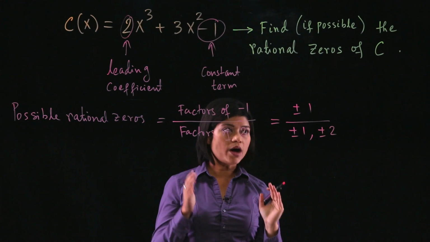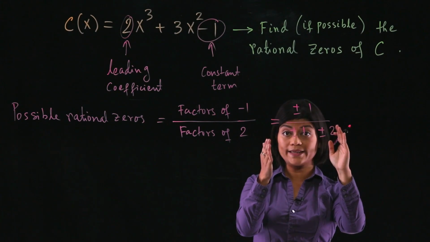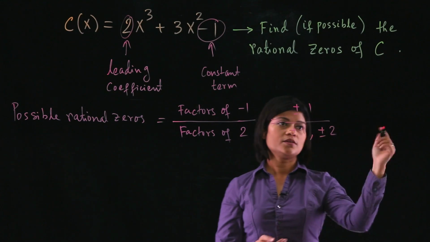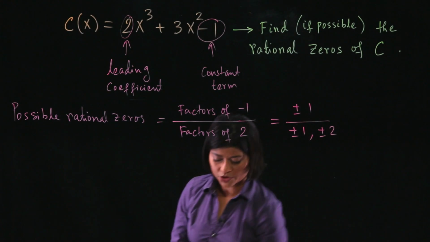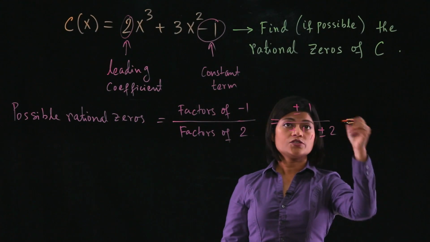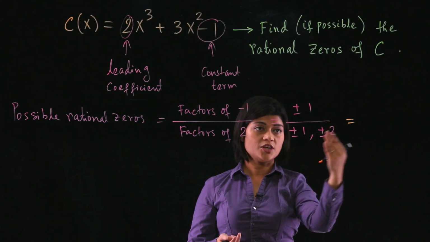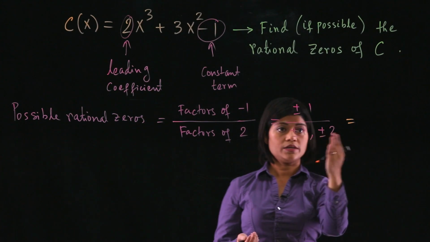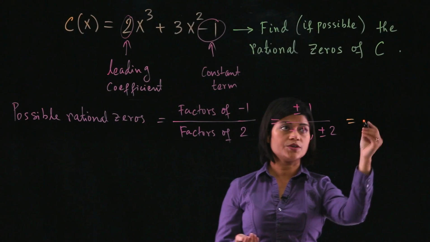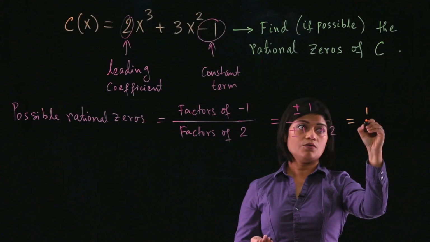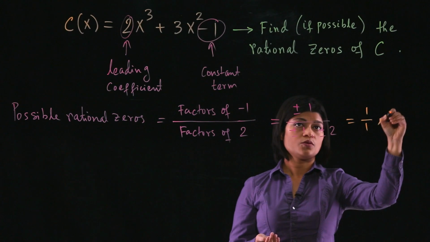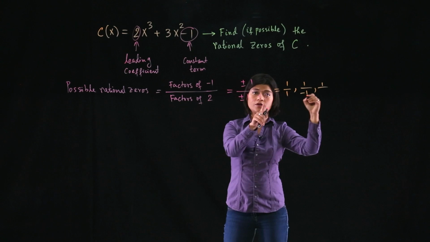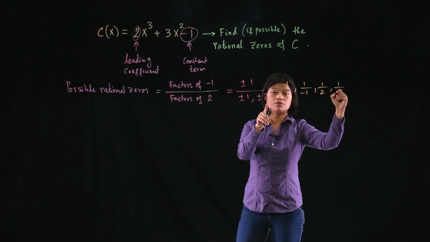Okay, so let's figure out what are the possible numbers that we can get, which are rational numbers, which will possibly be a 0. So numerator is either plus or minus 1. Denominator, we have 4 choices. If you take positive 1 from the numerator and write down all the factors in the denominator, you get 1 over 1, 1 over negative 1, 1 over positive 2, and 1 over negative 2.